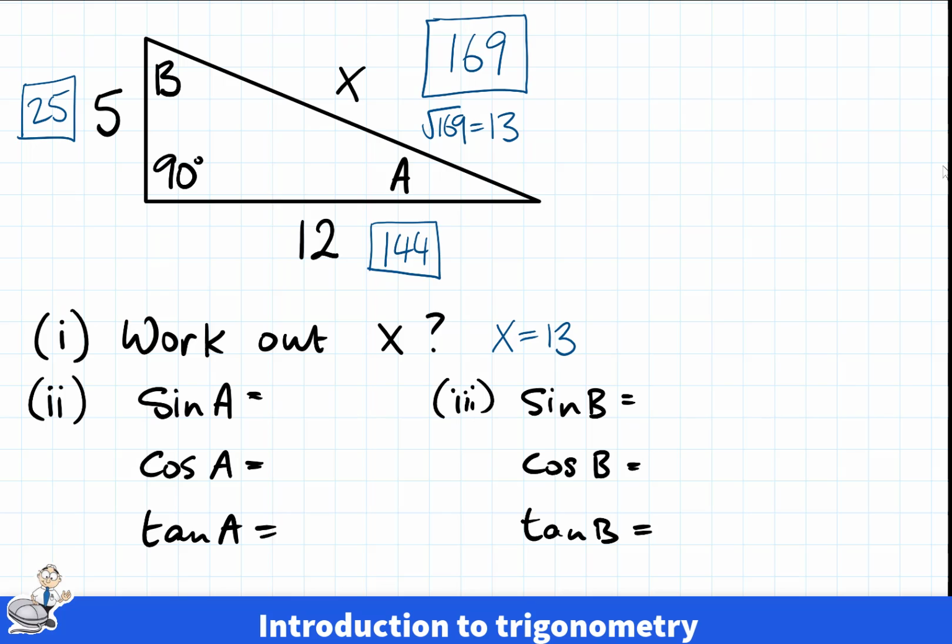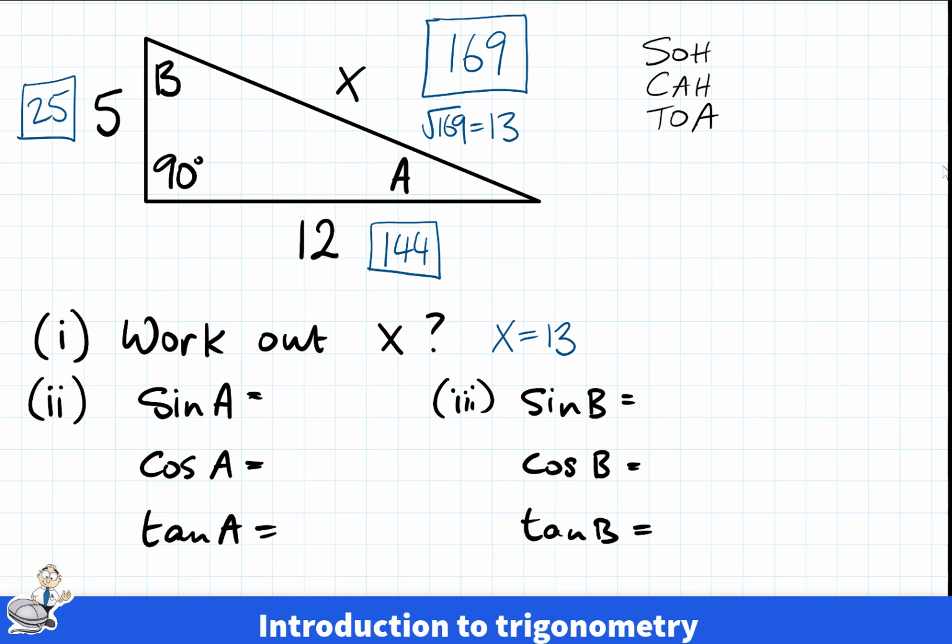In the second part of the question, compared to angle A, it's asking for the sine, cosine, and tan. So let's remind ourselves of the phrase again to remember this. The phrase is SOHCAHTOA. So the sine ratio is the opposite divided by the hypotenuse.